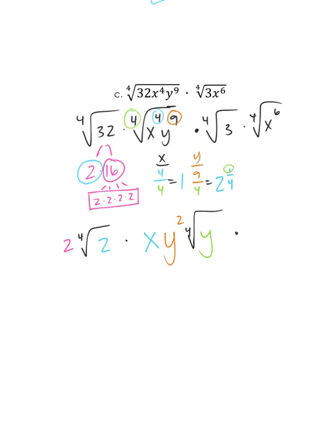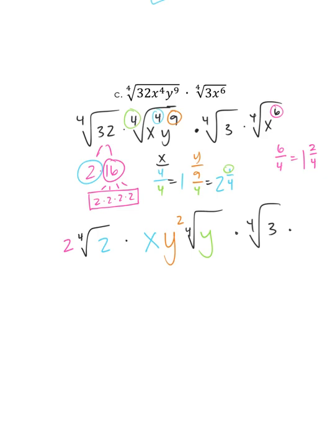My next one, the fourth root of 3, does not simplify. So I'm going to leave that as it is. And then for this one, I've got x to the 6th over 4, which is my index. This becomes 1 and 2 over 4. Now it is important here, we need to keep this denominator the same.